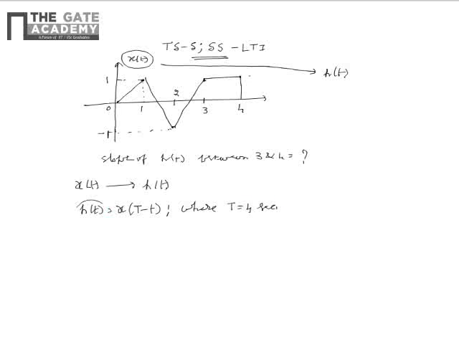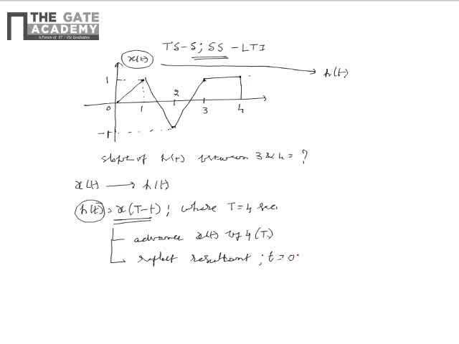So we see that h of t can be obtained from x of t by advancing x of t by 4, that is by T, then reflect the resultant signal about t is equal to 0. So upon doing the same, we see that the response can be drawn as shown in the figure.